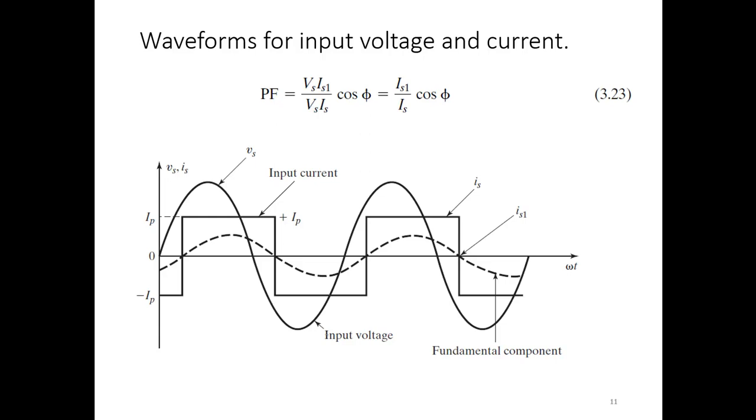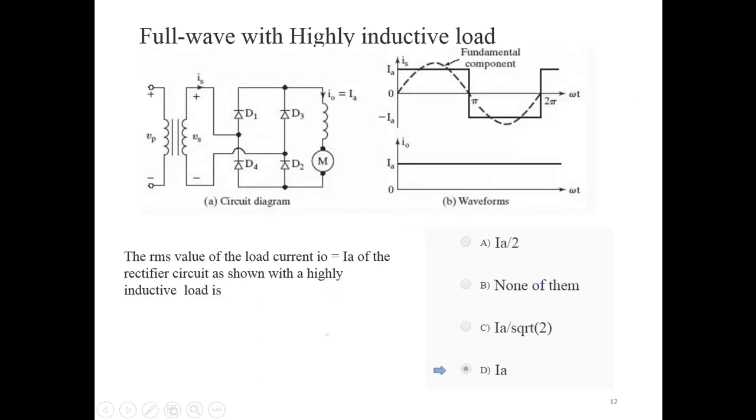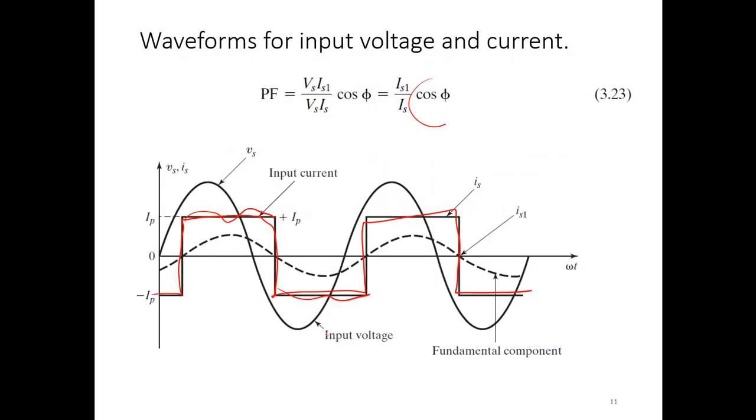Now what we expect on the input side is that the current changes like a square wave. But in real life, because the inductor will not be infinite, there will be some ripple there. In any case, the input current will basically be a square wave, and that will determine the displacement angle.